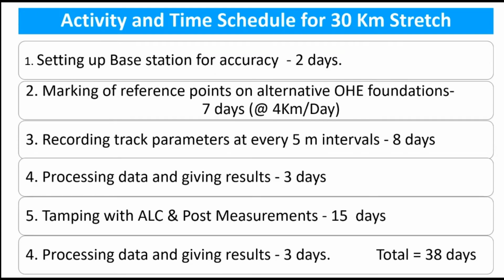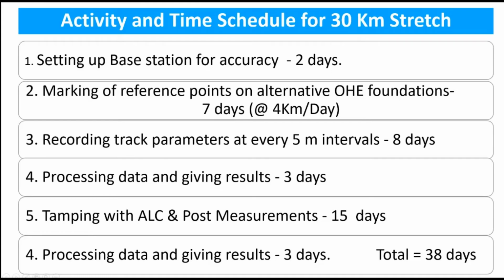So in South Central Railway they have done this for 30 kilometers. This is the timeline. Setting of the base station takes 2 days. Then reference points on every alternate mast, the secondary and tertiary control points, require 7 days for 30 kilometers.